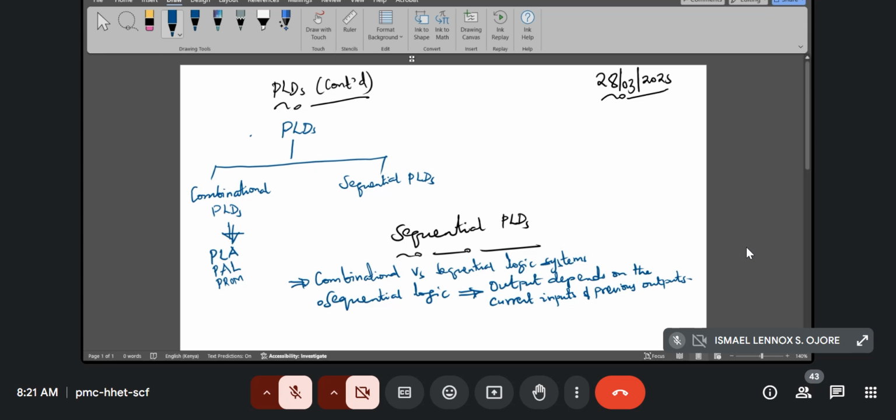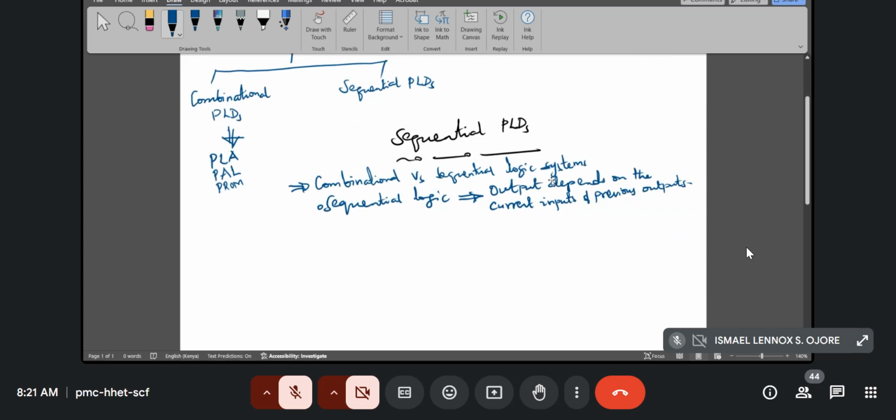So what is the implication of this? Because for combinational, it just depends on the current input. It doesn't take into account the historical data or outputs. That is combinational. But sequential also considers what happened in the past.